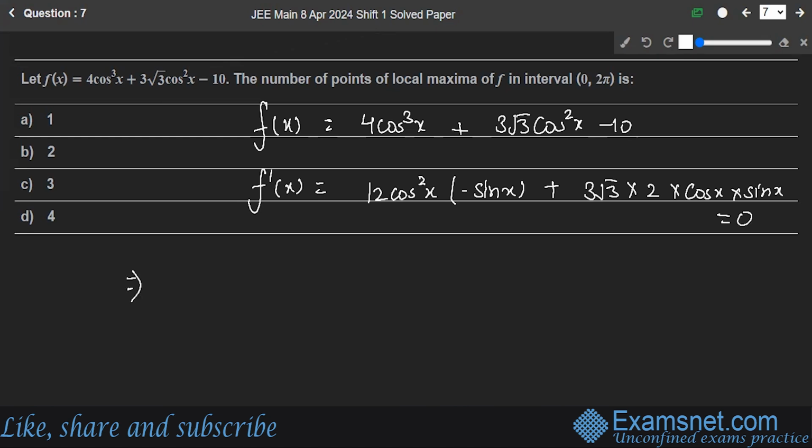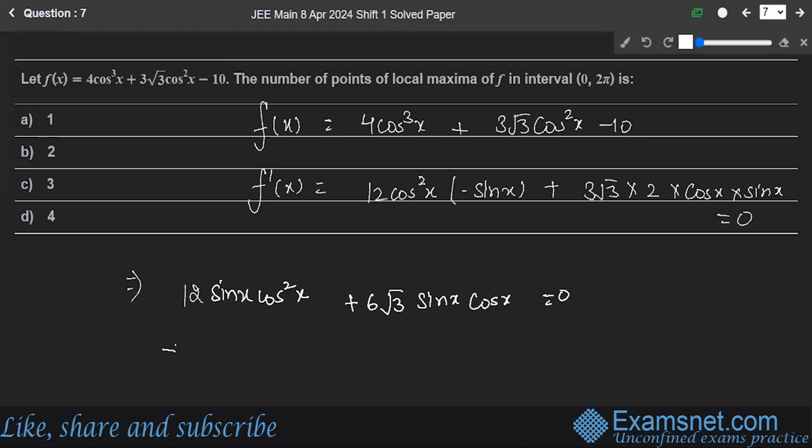So let's combine. You will have minus 12 sin x cos²x plus 6√3 sin x cos x is equal to 0.